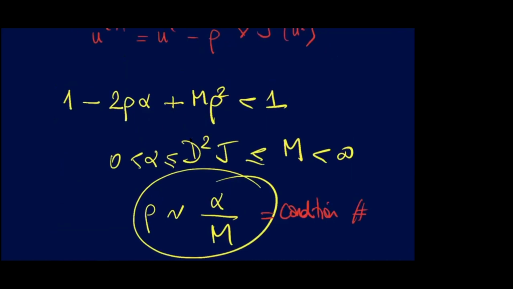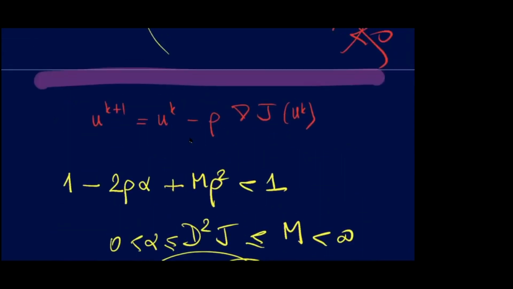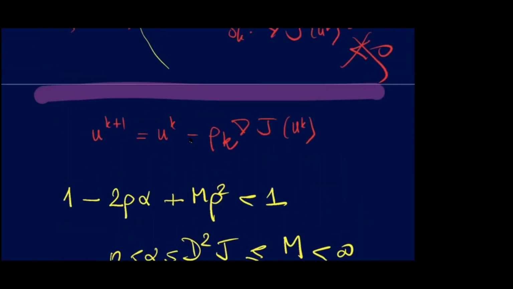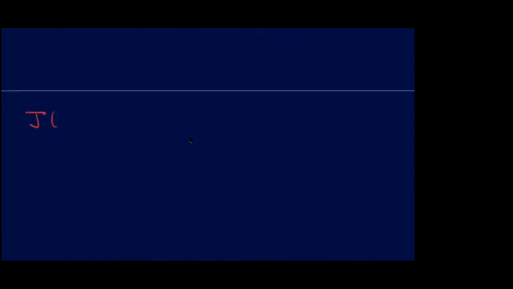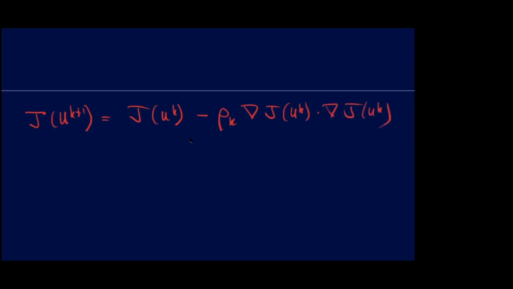Now, when you are doing it in a practical manner, of course, you will take rho to depend on k. Why? Because you see, I go back to the Taylor expansion I was doing before, right? What do I need? I do the Taylor expansion, then I allow myself a variable step.